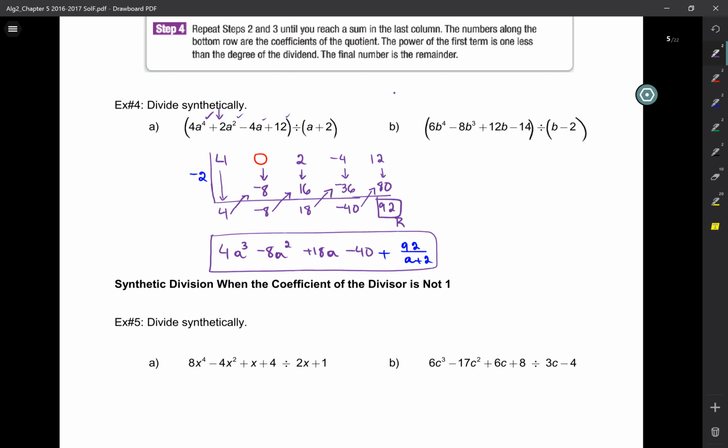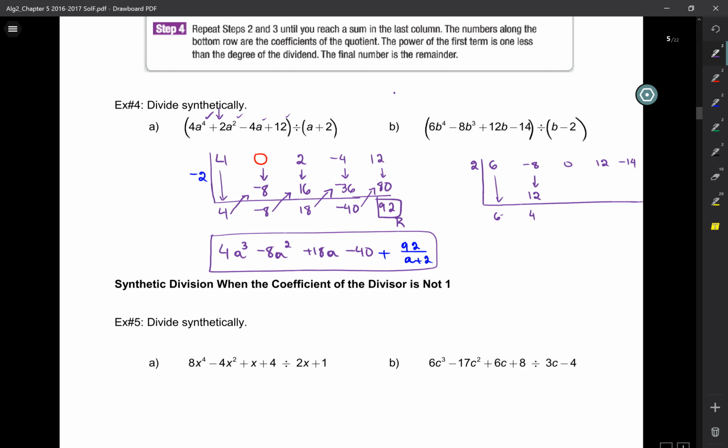All right, so we have 2 out here for this one. And are we missing anything? Yeah, 2. Right, so it's 6, negative 8, 0, 12, negative 14. So 6 times 2 is 12.